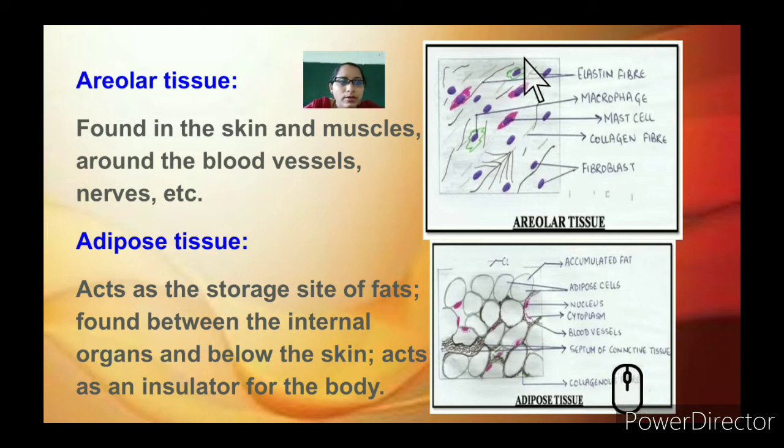You can see here that fat gets accumulated. These are the adipose cells. In the adipose cells the fats accumulate, and you have the prominent nucleus, cytoplasm, blood vessels, septum of the connective tissue, and collagenous fibers.